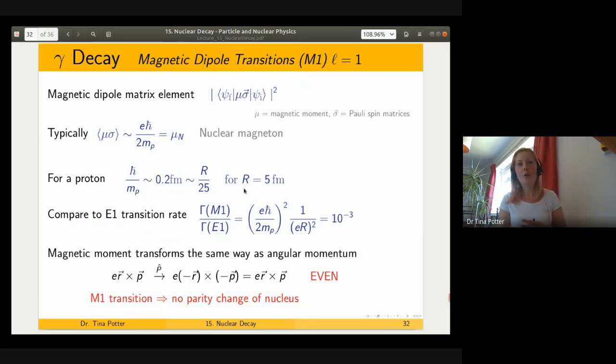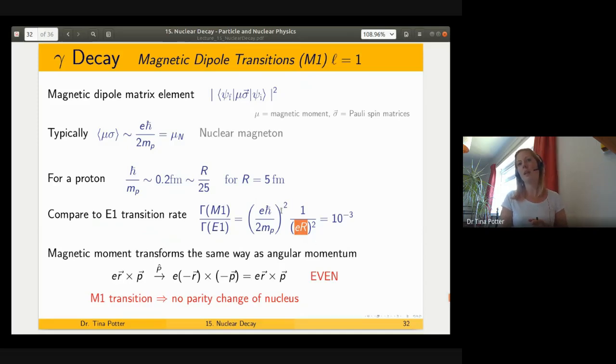So here we know what our typical magnetic dipole matrix element should look like. Remember, these decay rates go as the matrix element squared. So we've got our raising it to a power of 2 here, and we've got our electric dipole moment squared, the matrix element coming in for E1.